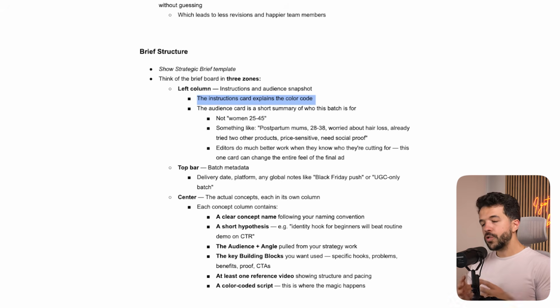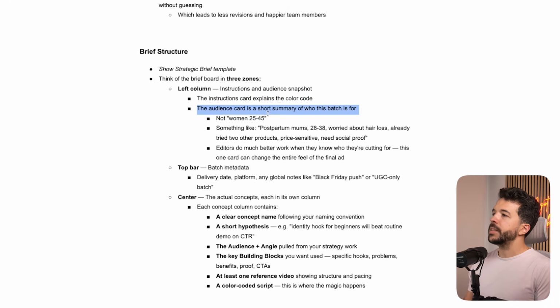So if you start explaining to the video editors the actual reasons why you're making decisions and why you're making the brief look that specific way, that's how you basically train them into a future creative strategist position.